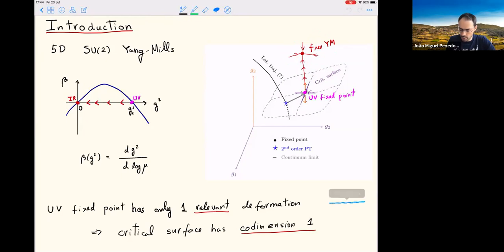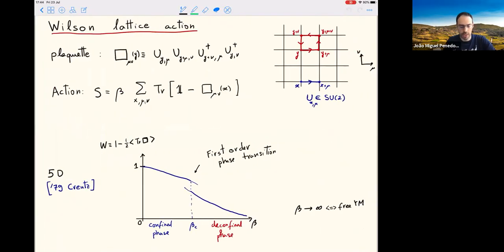So let me review what happens if you just take the Wilson lattice action, just the simple plaquette action. Well, all of you know this. This is just a simple plaquette. You have link variables in SU(2), and the coupling is this beta in front of the action.